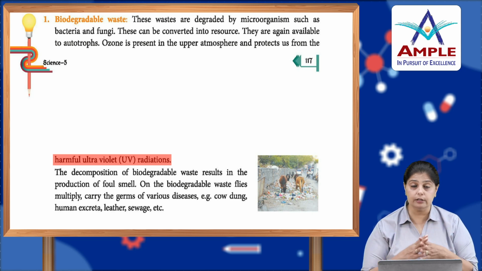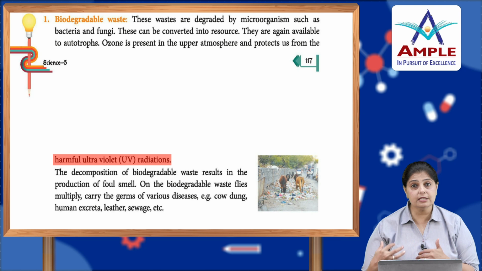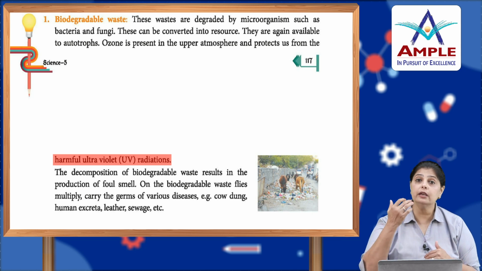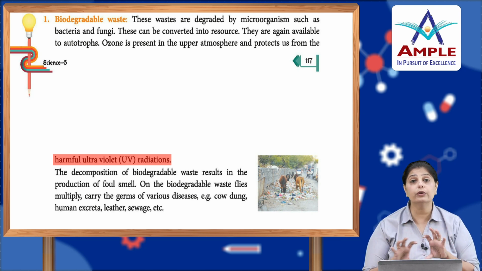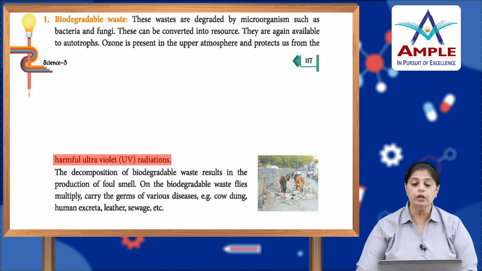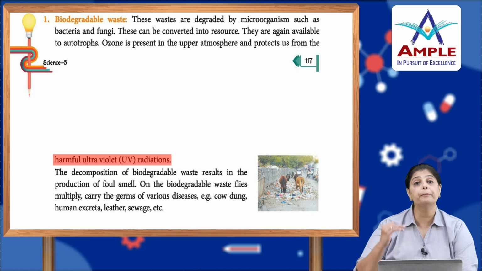But in the cities we don't feel those ultraviolet rays much. Why? Because we are protected by a layer of atmosphere which comes in between the rays coming from the sun and the people living on the surface. This layer is known as the ozone layer.